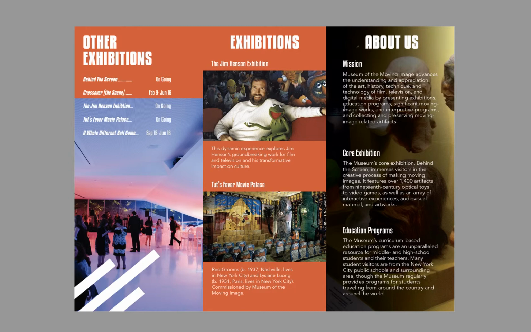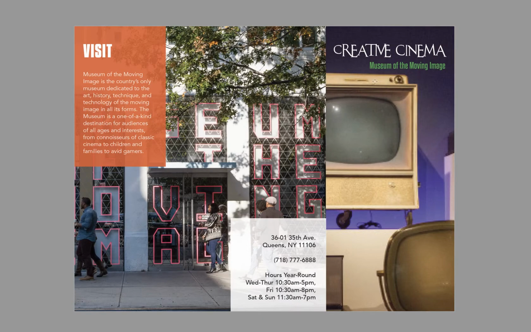This is all about other exhibitions. So which page is this? This is the front page, this is the back. I like the way you did this because you have visit and it goes over to the back part. And I like the way you included this. So put on the logo, Creative Cinema somewhere. Maybe you could put something down here.